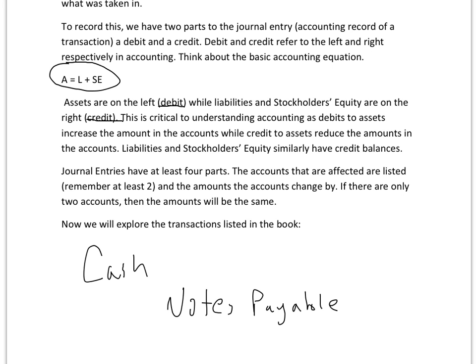There's my 2 lines. I debited cash, I credited notes payable. So I increased an asset and I increased a liability. And now all that's left is how much did we raise, or how much did we borrow? $15,000. So we're set up. There's the 4 parts to the journal entry: the 2 accounts and the amounts that are affected.